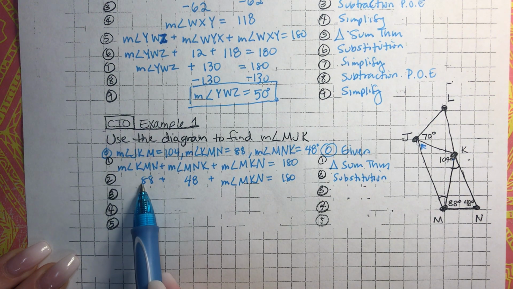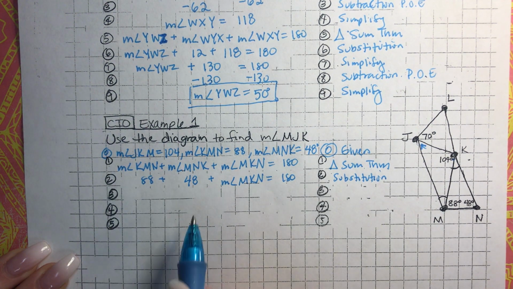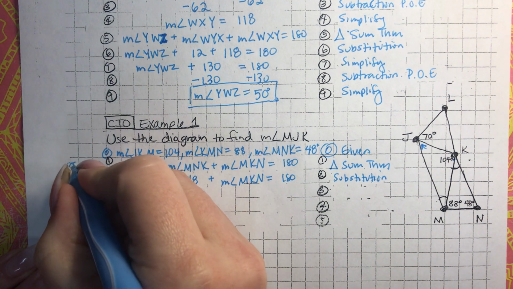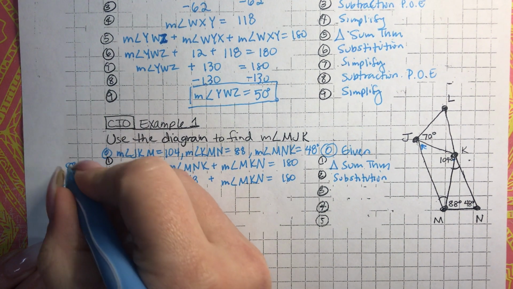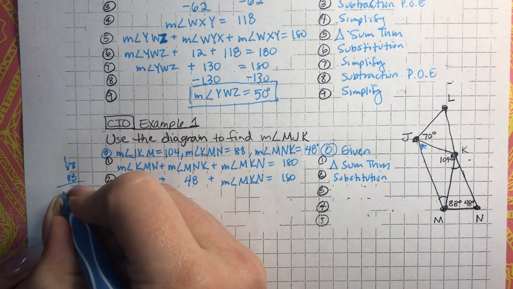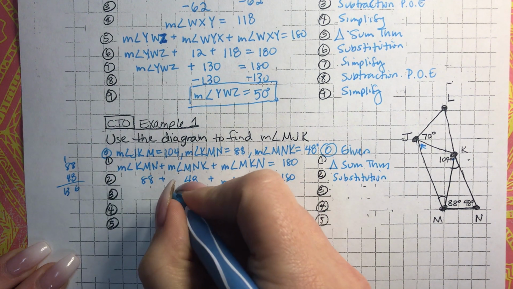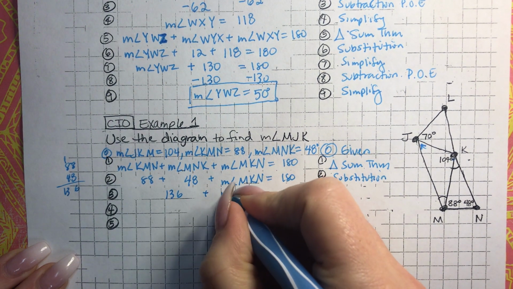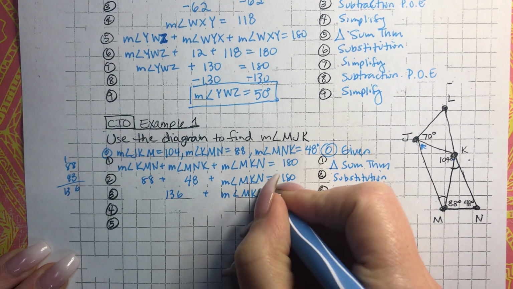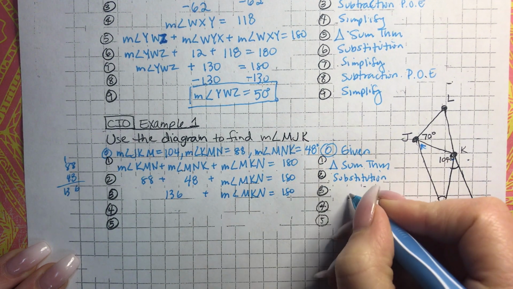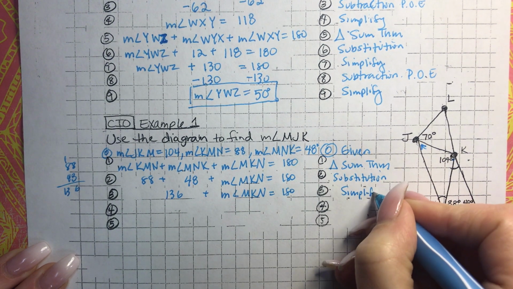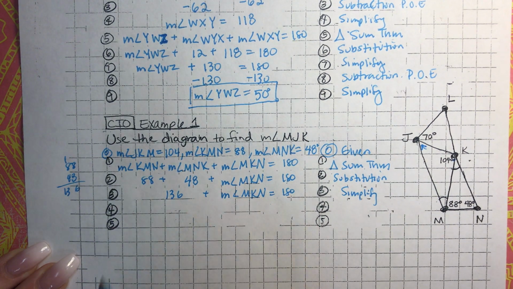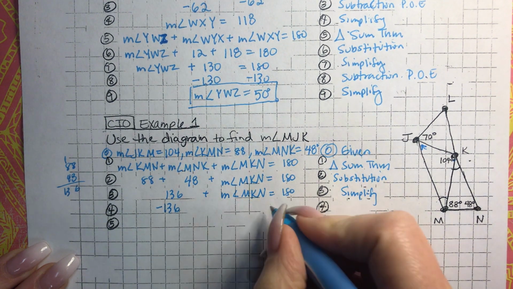What is that? 88 plus 48. 16, 12, 13. 136. Okay, simplify. And we just need to isolate this, so subtraction property of equality.